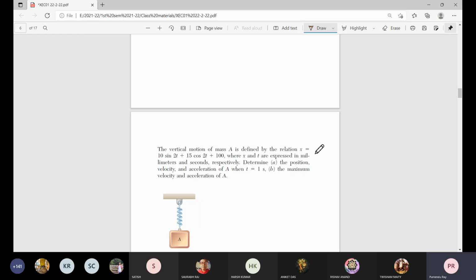So dx/dt, d2x/dt2, etc., to find the velocity and acceleration for time t equal to 1 second. For the second part, the maximum velocity and acceleration of A.